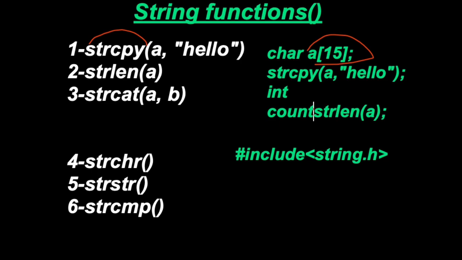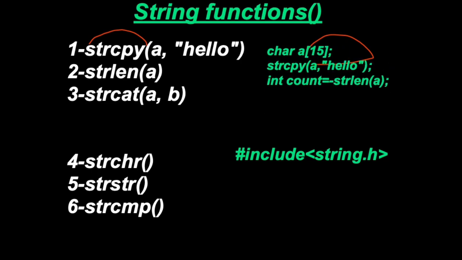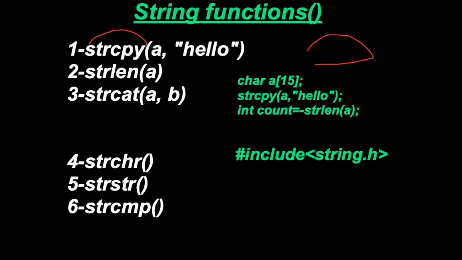Variable count equal to this. What we're trying to do here is declare this variable, and here use this function, and now it's going to work.